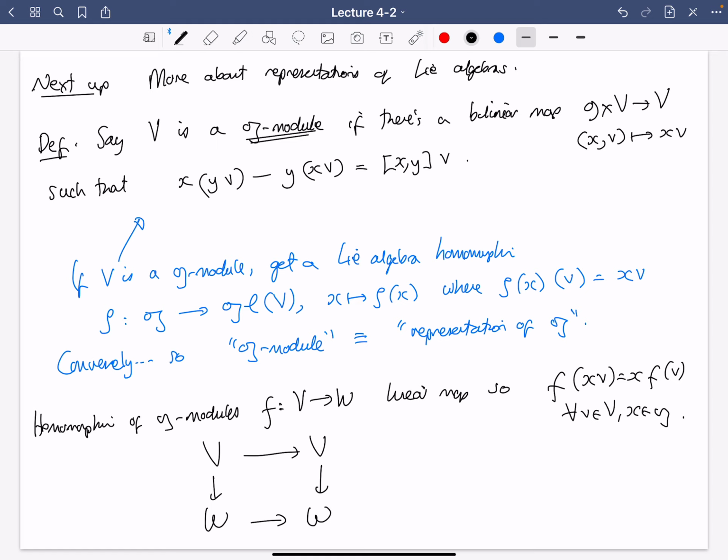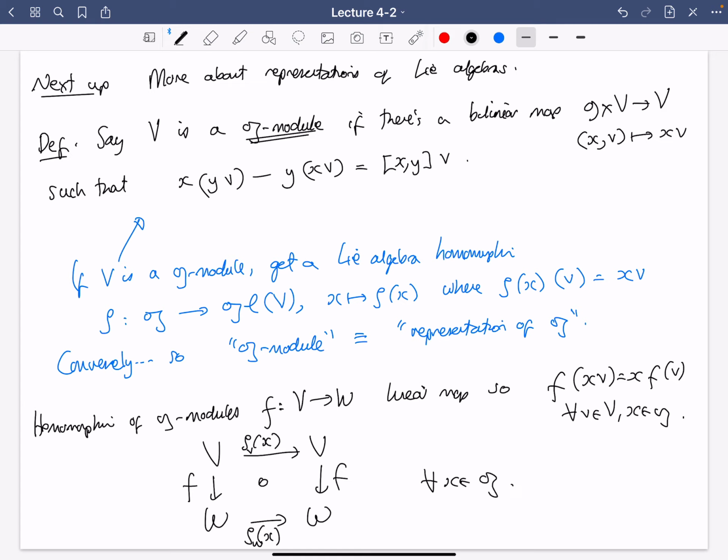If V and W are two G modules, a morphism F is a linear map which makes this diagram commute, with rho V of X, the representation of X on V, and rho W of X, for all X in the Lie algebra.